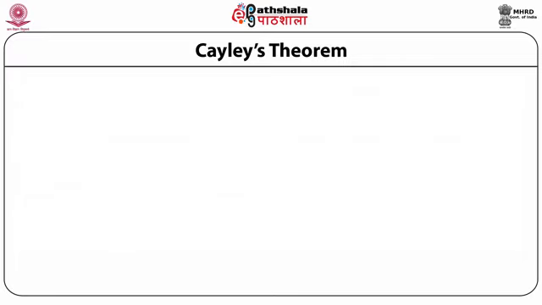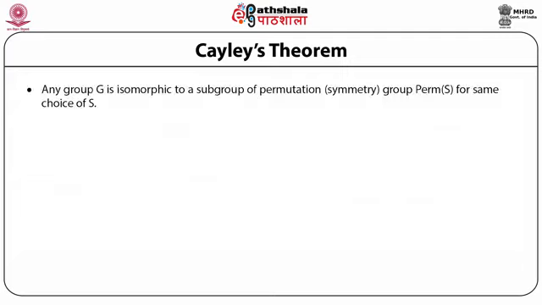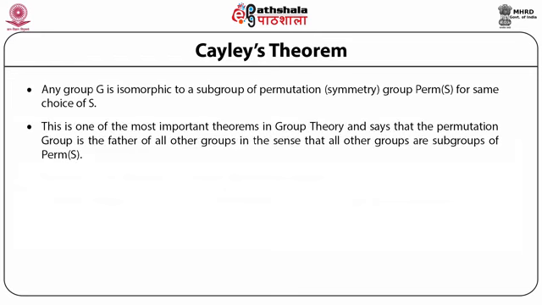Cayley's theorem is important because it says that any group G is isomorphic to a subgroup of a permutation symmetry group. So any group which you can conceive is a subgroup of the symmetry group, which is a permutation group, in the sense that all other groups are subgroups of the permutation group S.